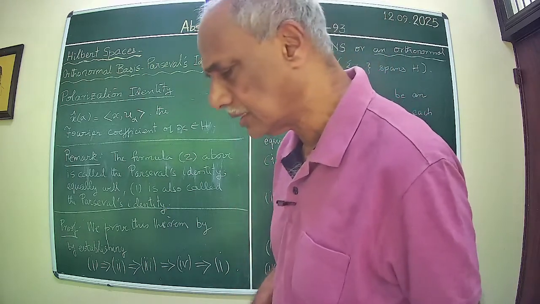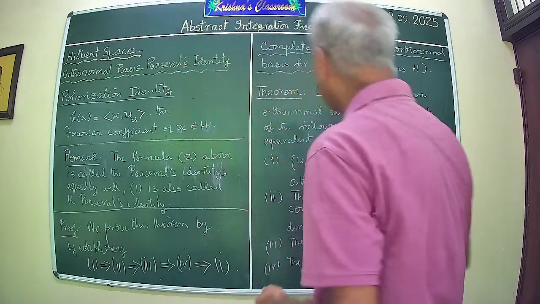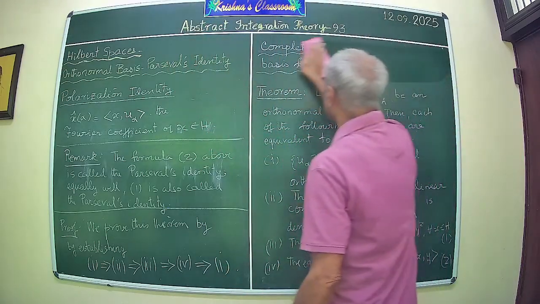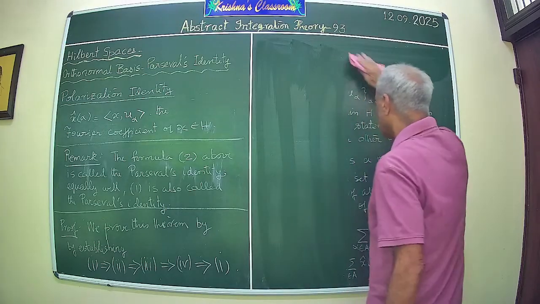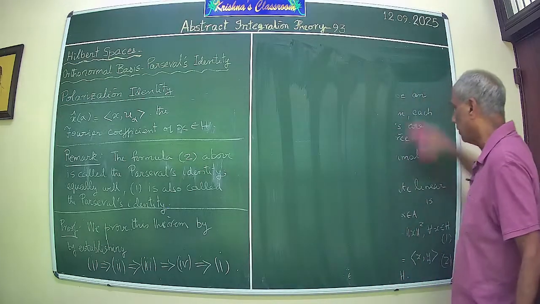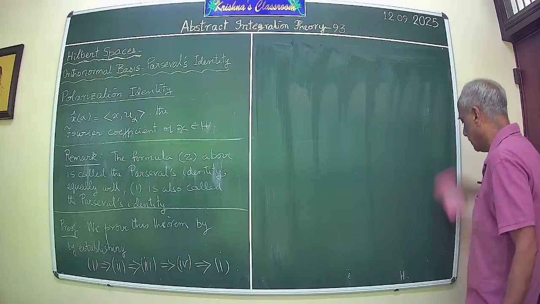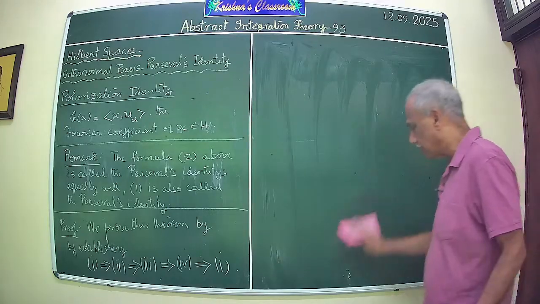So the first task is, let us just recall what we have, what are our assumptions, or recall what we mean by U alpha is maximal.